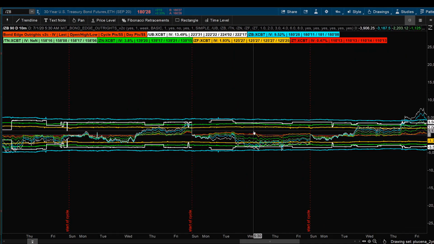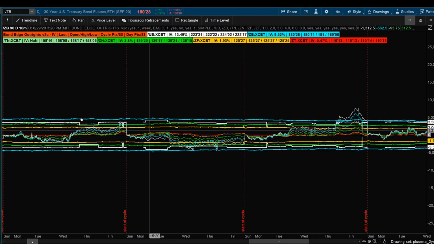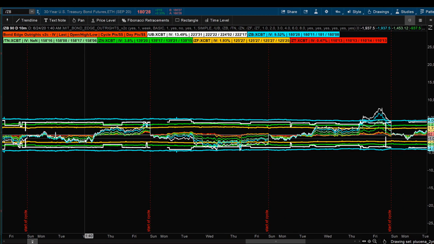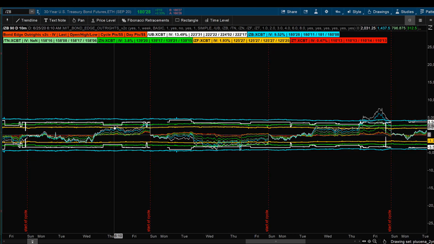And even though these other weeks may not look like they're that exciting, in all actuality, for just one contract of UB, for example, this is moving $2,000 down. It's moving up 2,500.